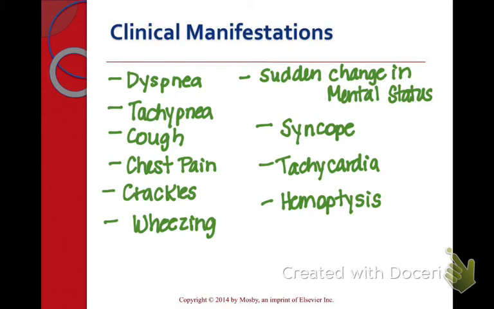Sometimes you'll have a sudden change in mental status. Why do you think that is? Well, sudden change in mental status is usually due to the lack of oxygen, right? Syncope, tachycardia, and hemoptysis. But the mortality rate for a massive PE is 30 to 60%, with most deaths occurring within 1 to 2 hours of onset.